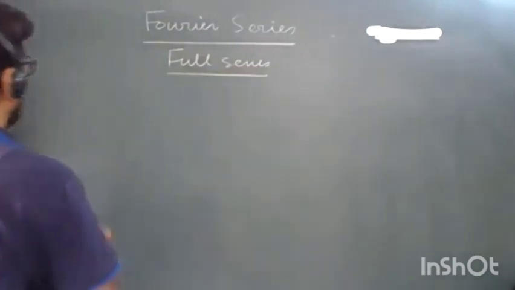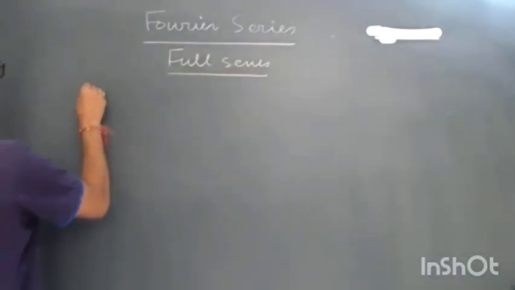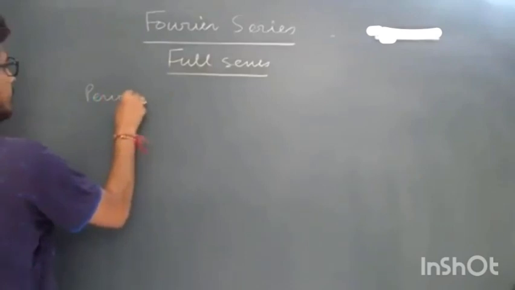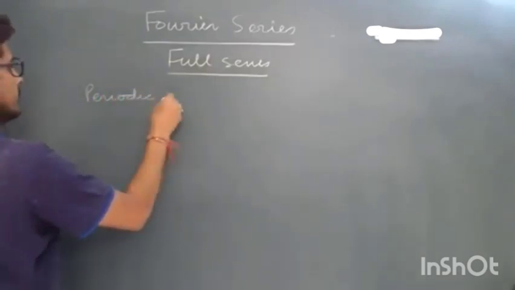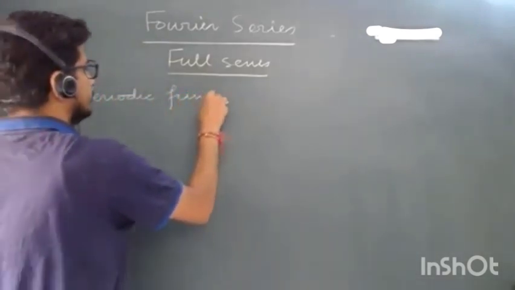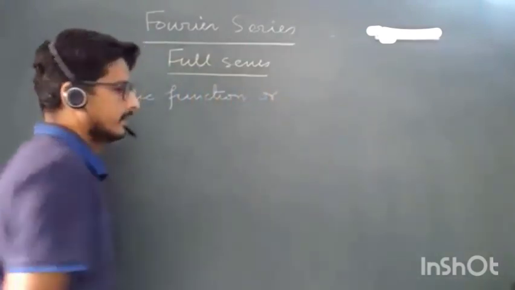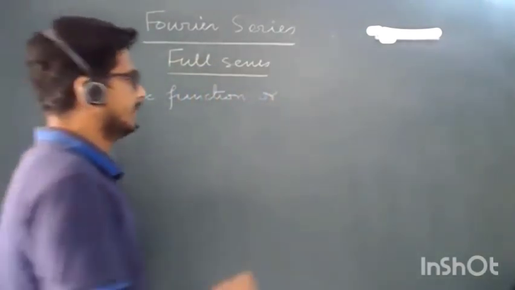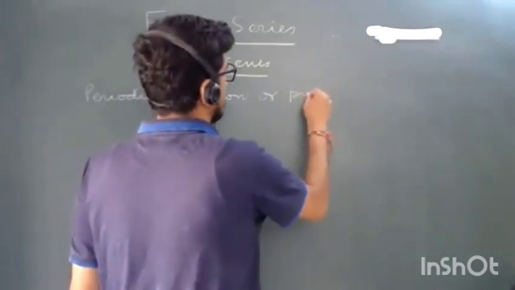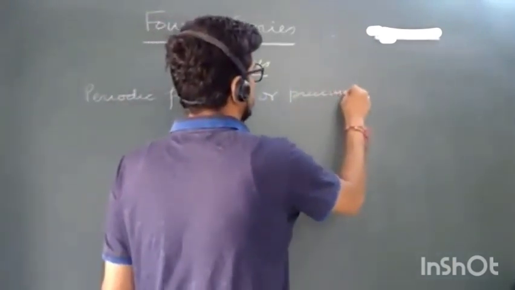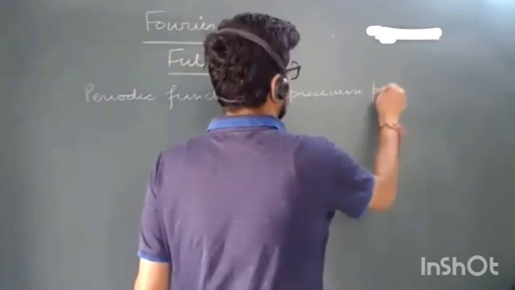Okay, so Fourier series can be written for a periodic function. The function should be a periodic function, or it should be piecewise periodic. Piecewise periodic.